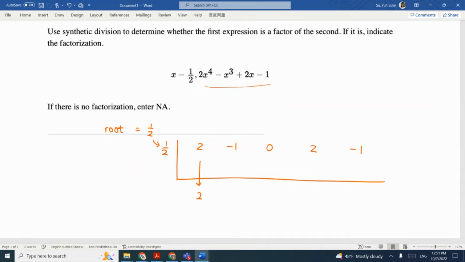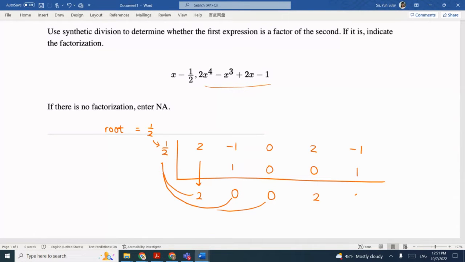Okay, and how do we do synthetic division? We move this down, and then we use it to multiply by 1/2. We get 1. We add those two numbers, we get 0. 0 multiplied by 1/2 is 0, and we add those two numbers, we get 0. 0 times 1/2 is 0, and when we add those two numbers, we get 2. 2 times 1/2 is 1.